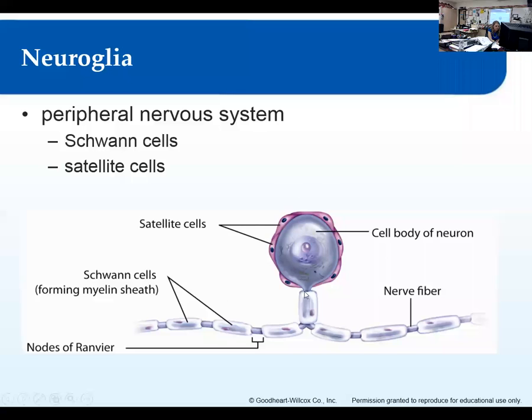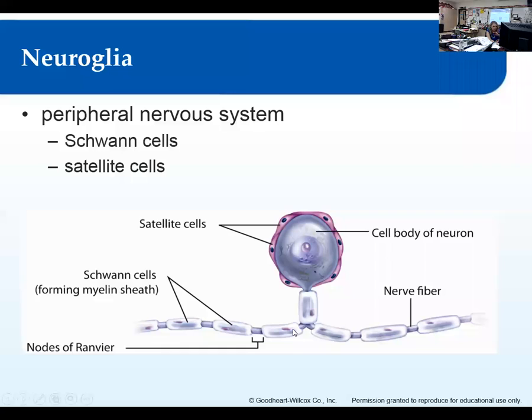If this is the axon over here, these are Schwann cells. On here it kind of looks like they just cup around the axon, but they actually roll around the axon, kind of like you would roll up a cinnamon roll. So they're rolled up and they insulate these axons.